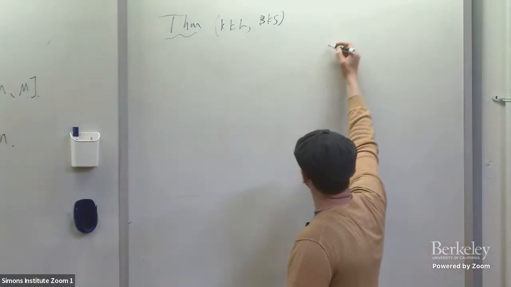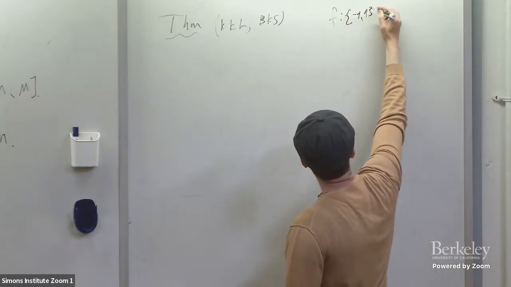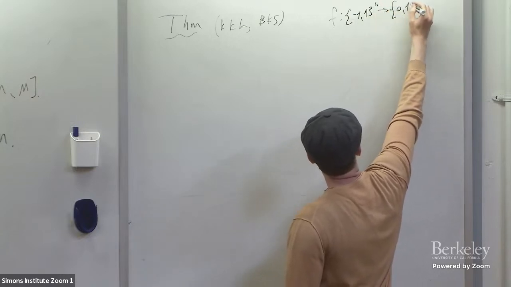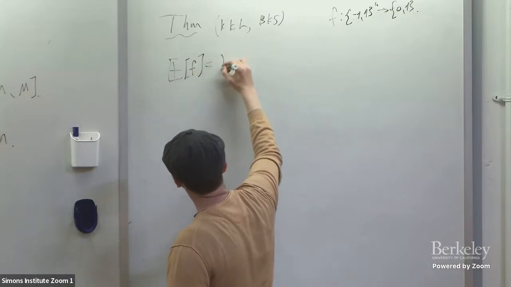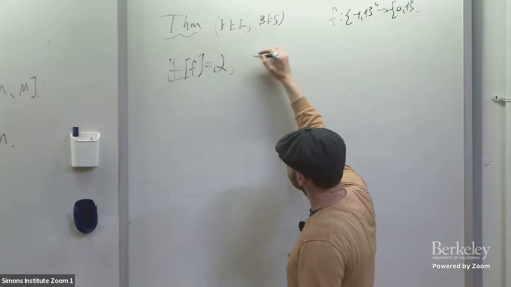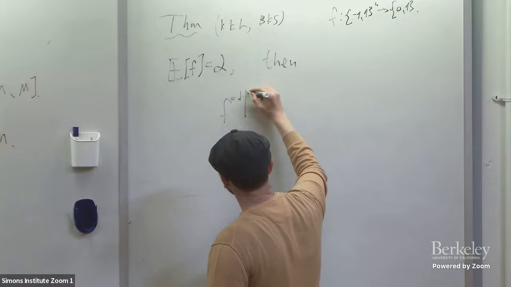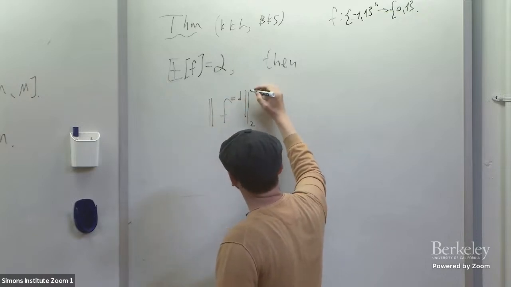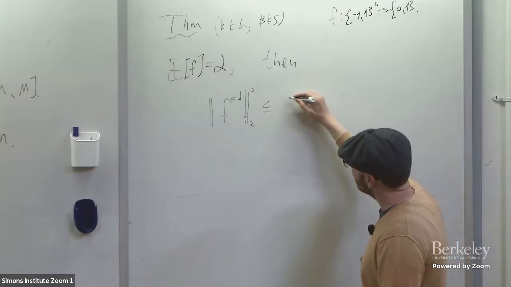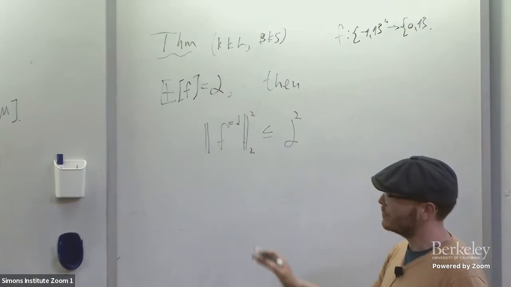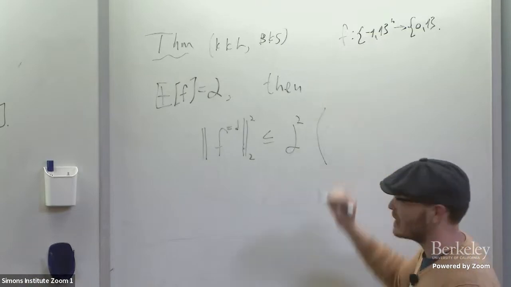Okay, so it tells us that if we have a function f from the Boolean cube to 0, 1, and the expectation of f is alpha, then the 2 norm squared of the degree d part of f is at most roughly alpha squared, but then you'd have to pay some logarithmic factors.